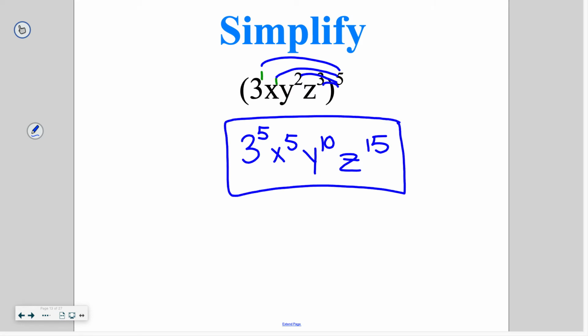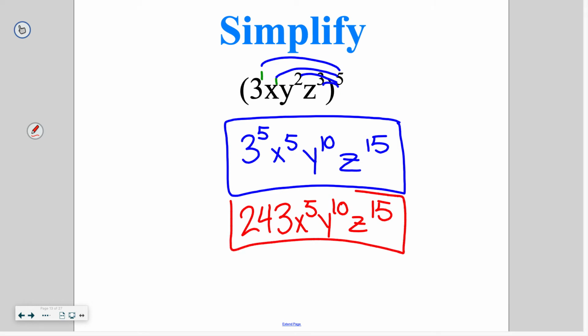If you wanted to finish simplifying completely, if it asks you to, you would have to solve 3 to the 5th power. So 3 times 3 times 3 times 3 times 3, which is going to give you an answer of 243 x to the 5th, y to the 10th, z to the 15th.